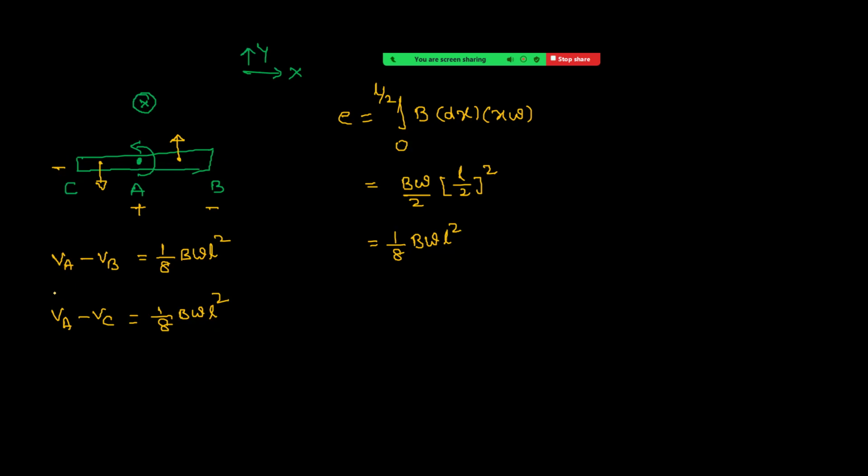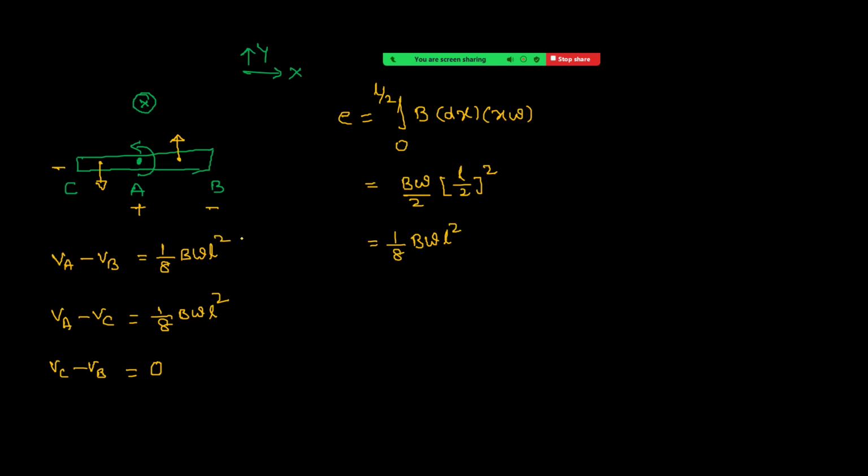That means if they ask what is the potential difference between the ends, that means VC minus VB or VB minus VC, that will be equal to 0 because both are at the same potential.